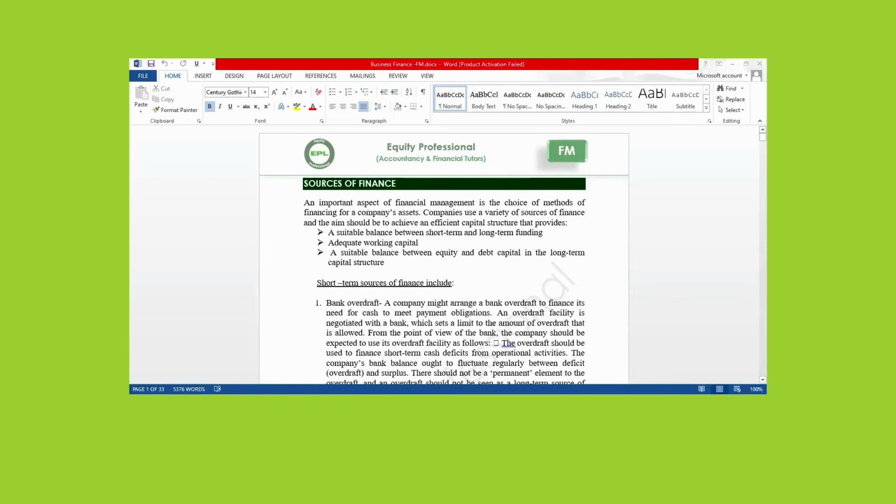Companies can finance their business with debt. You can finance your business with short-term debt, medium-term debt, long-term debt. Companies use a variety of finance sources. Why? The objective is to achieve an efficient capital structure.